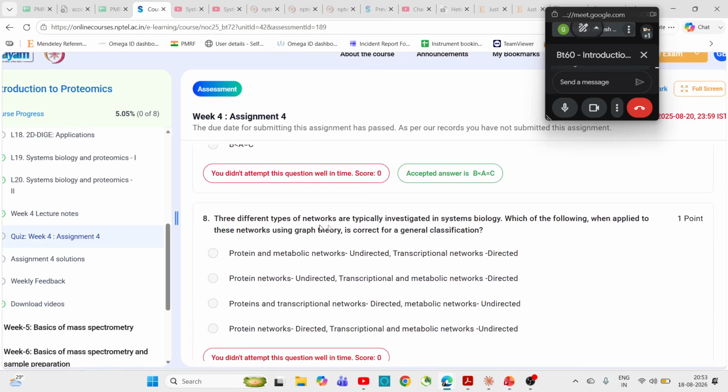So three different types of networks are typically investigated in system biology. Which of the following, when applied to these three networks using graph theory, is correct for general classification? I told you that one is undirected, whereas other two are directed.